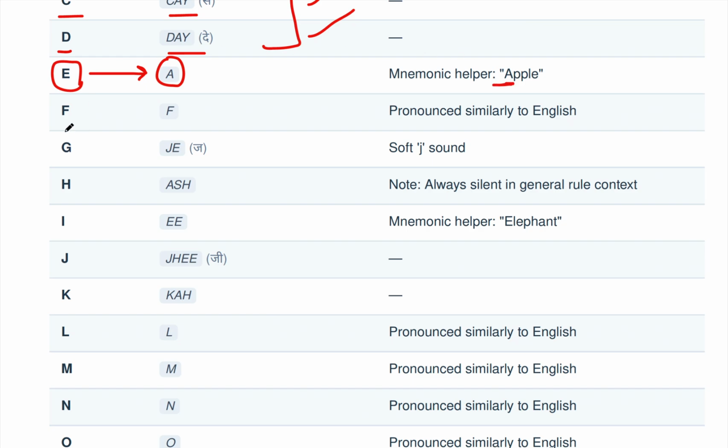Okay, F is pronounced like F only. It is similar to English.